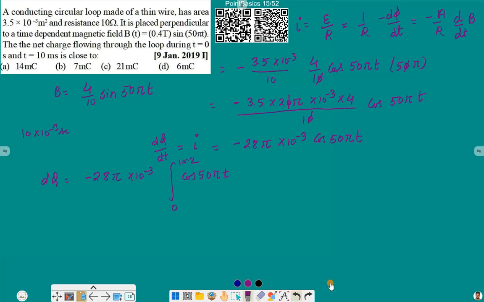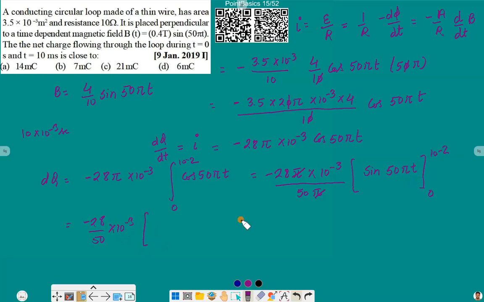Now the integration of cos will be sine, so it will be minus 28 pi into 10 raised to power minus 3. The integration will be sine 50 pi t with limits 10 raised to power minus 2 to 0, divided by 50 pi. Now further moving, pi gets cancelled, and we have minus 28 by 50 into 10 raised to power minus 3.